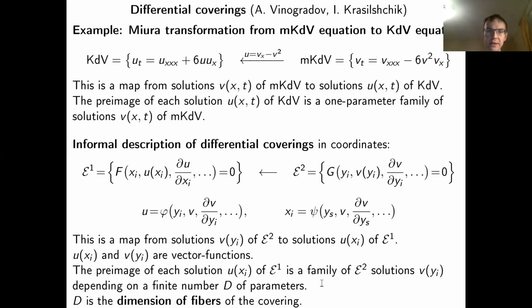In the geometric definition of coverings, which I will define in a few minutes, this number d will be equal to the dimension of fibers of the covering. Right. So we require that the number d is finite, which means that we consider coverings with finite dimensional fibers.